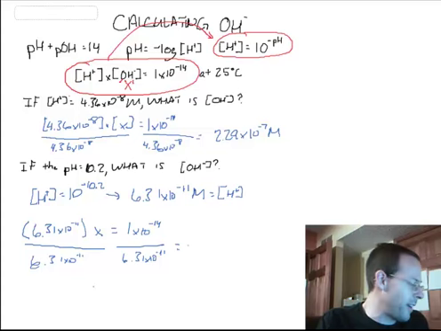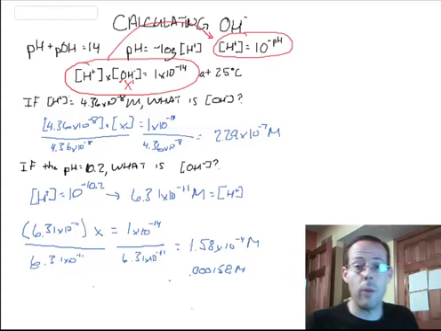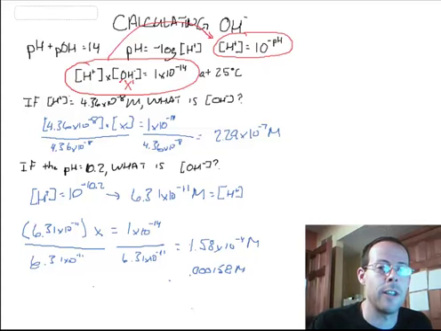Alright, so the final answer should be 1.58 times 10 to the negative 4th. And again, that is molar. Your calculator might also spit it out 0.000158. And again, either way, it's going to be molar. And again, I don't care if you answer it in scientific notation or in log format. Alright, so that's how you calculate hydroxide concentration.